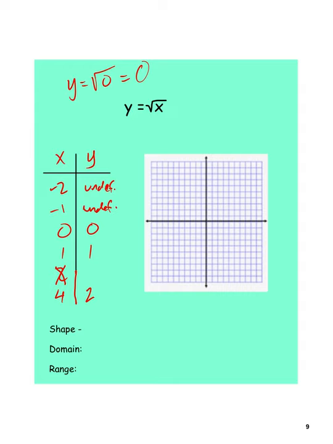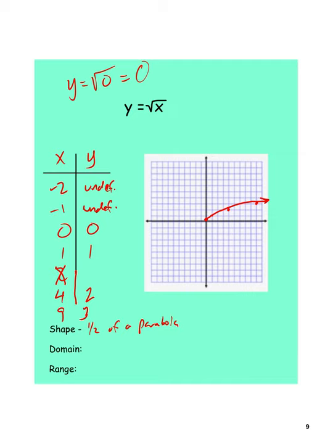So what we have here for a shape is basically half of a parabola, and we'll see that here in a moment. So we start at 0, 0, go to 1, 1, and then we go to 4, 2. And as you could see, we'd go to 9, 3 because the square root of 9 is 3. And so the shape ends up looking something like that, okay?